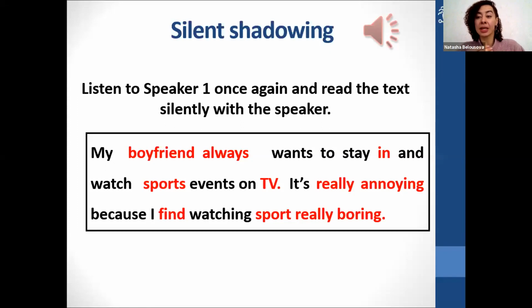So it means that you're not just sitting looking at the text, yeah, but you're articulating the whole text, imagining you're really reading aloud, but you're not really pronouncing any words, yeah? So you're not making any noises and the speaker's voice is in your head, yeah? So you're gonna do something like that.